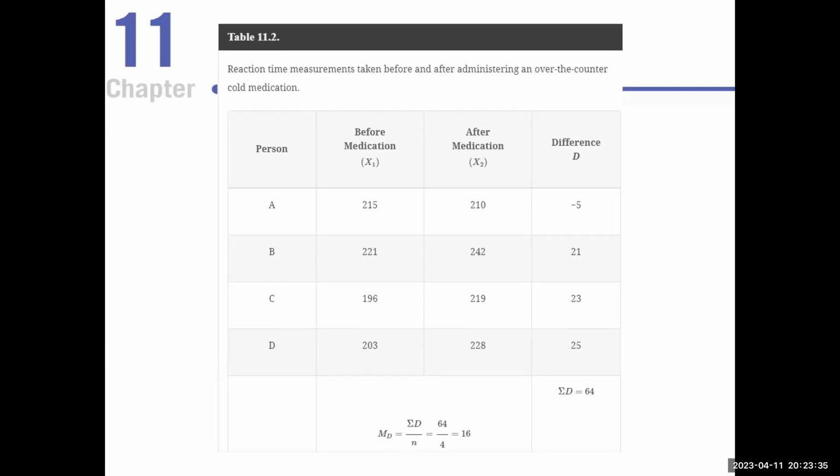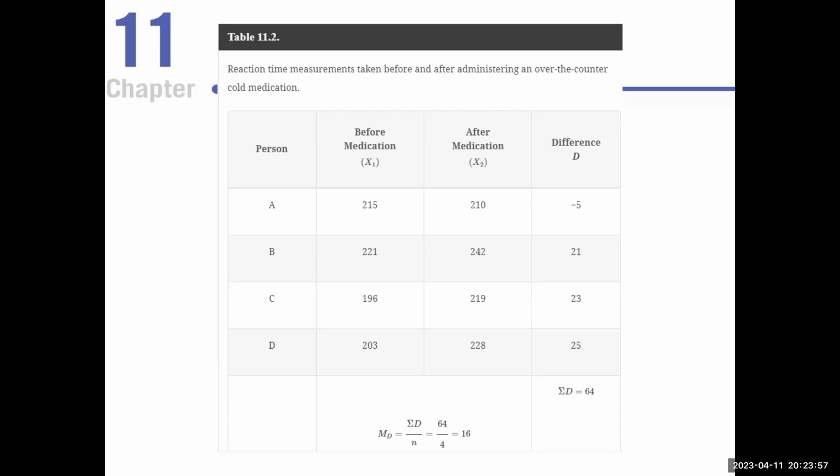So in this particular study, you have 4 individuals, A, B, C, and D, and you're looking at their X1, which is their alertness or their reaction time before taking the medication. So you have 215, 221, 196, and 203.